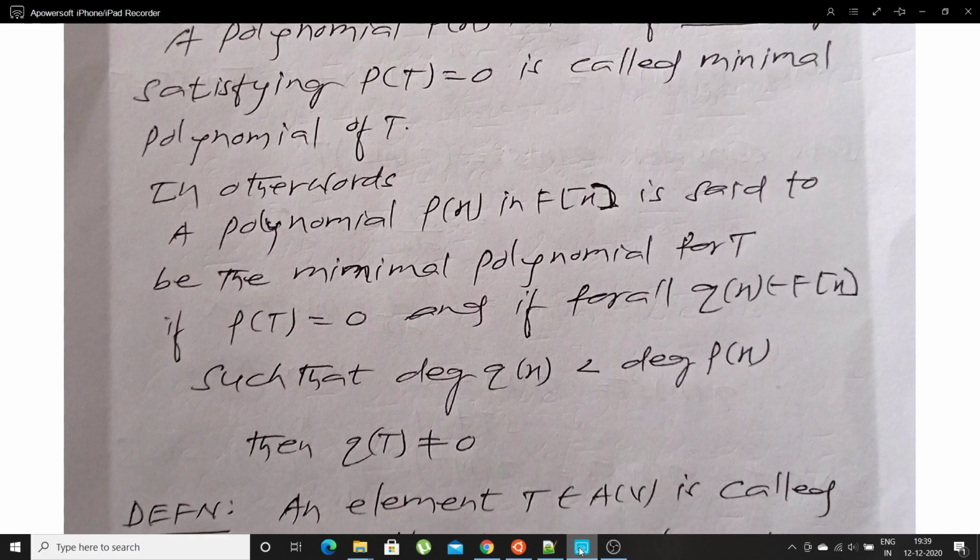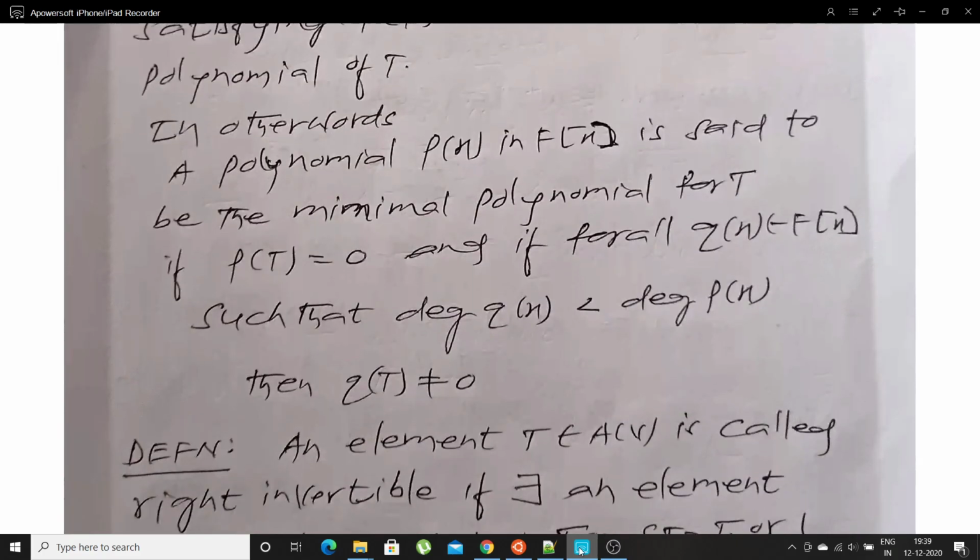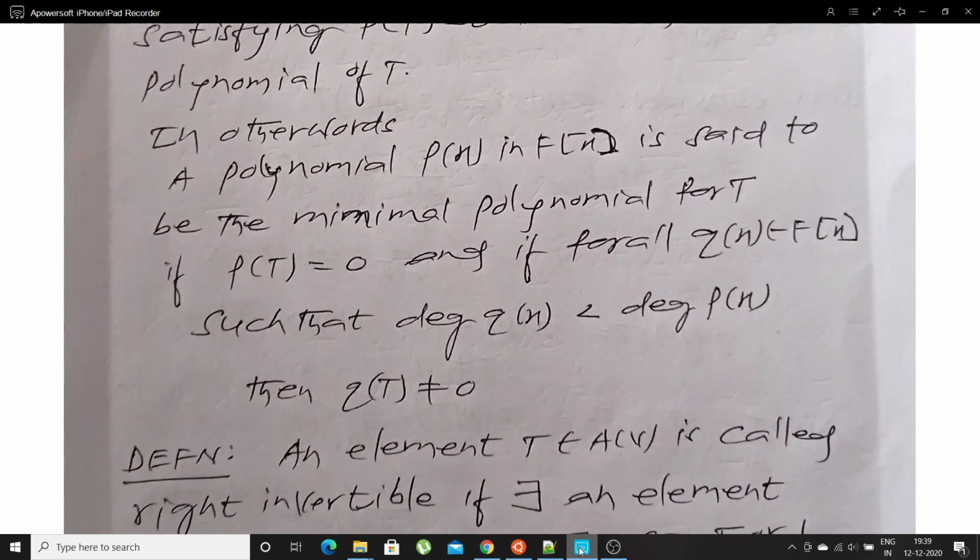P of x is the first polynomial in F[x], whereas the q of x is the next polynomial in F[x]. Here the degree of q of x is less than degree of p of x. That means if the degree of q of x is n minus 1, then the degree of p of x should be what? N. Then q of t is not equal to 0. P of t equal to 0, but q of t is not equal to 0.